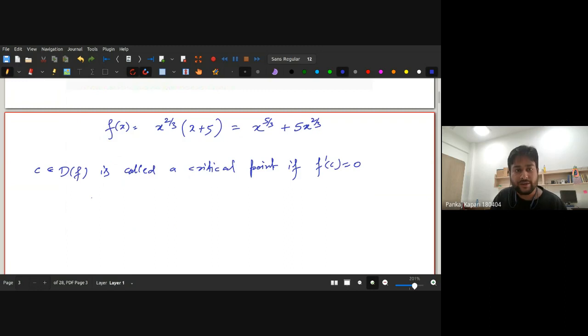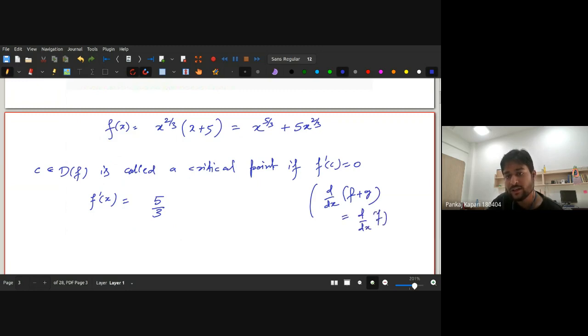Now we'll find its derivative, just applying the rules of derivatives. If you differentiate two functions added together, that is the same as differentiating them one by one. This is the first rule, the algebra of derivatives, and the second is the differentiation of the power function: if you differentiate x to the power r, you get r times x to the power r minus 1.